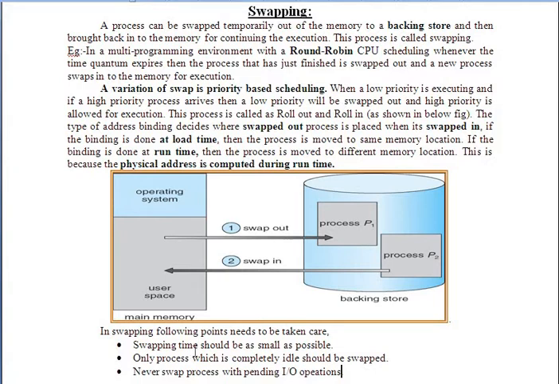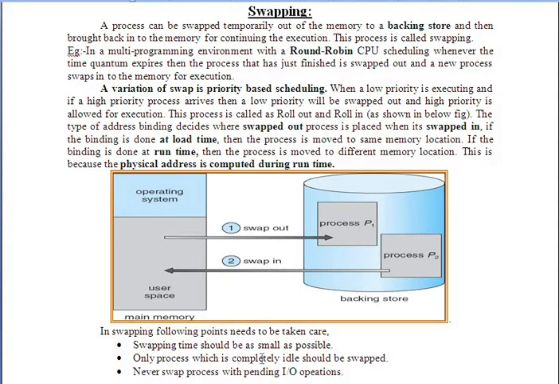So the following three things have to be kept in mind before swapping out any process from the user space. One is swapping time should be as small as possible. That means it takes time to swap in and swap out. So this particular process should not take too much time, otherwise my system will become slow. So we don't like a swapping process which will take a long time. It should be as small as possible.